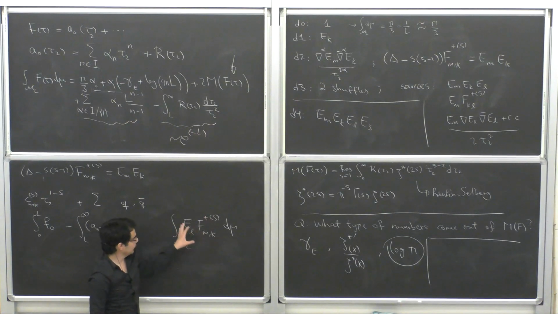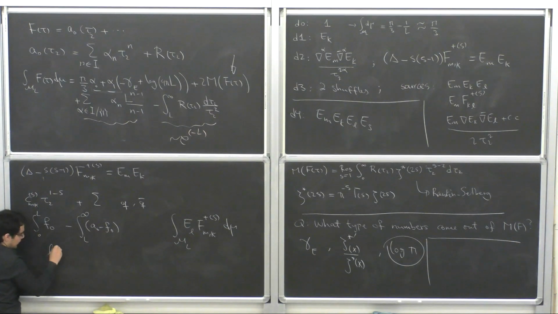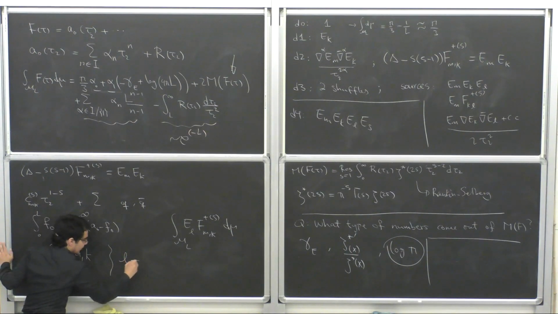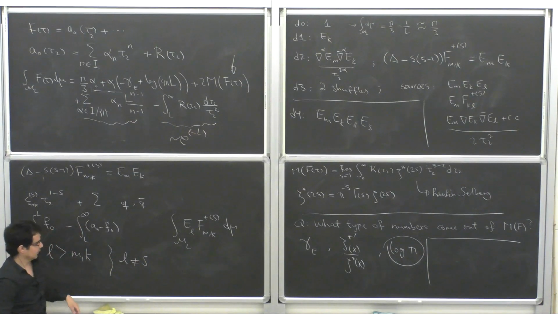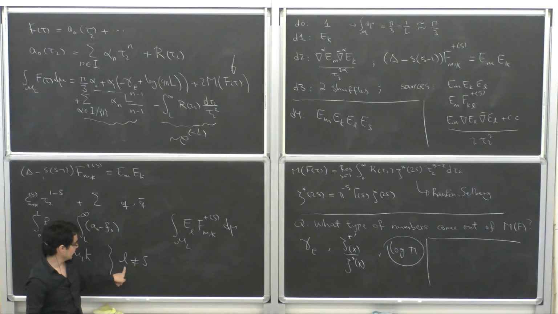So in order to do that, if you want to unfold this one, if you want to expand this one for the Poincaré sum, you have to assume that L is bigger than m and k. You have to assume that L is not S. And for the cases that L equals S, you have to analytically continue this integral.